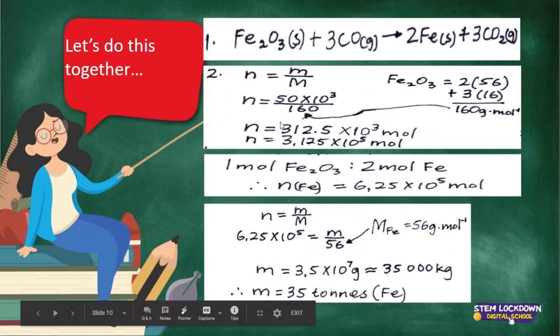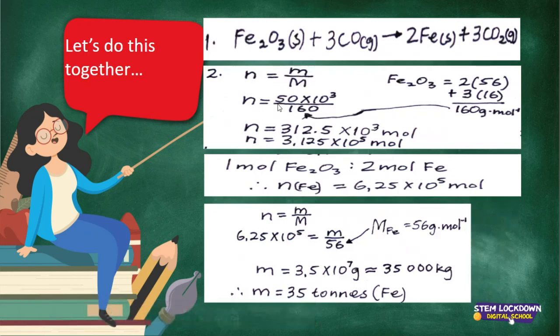We want to know the mass, but we cannot directly get the mass. From this balanced equation, we first want to know the number of moles of iron oxide that were there. The number of moles is mass over molar mass.